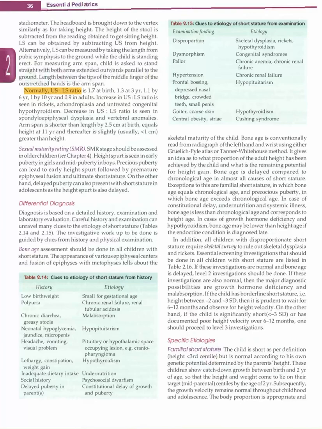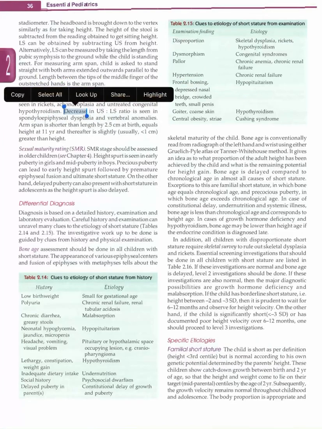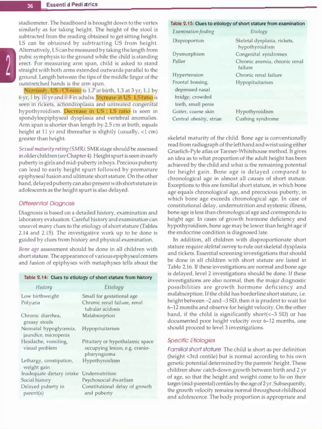Increase in US:LS ratio is a pathological condition seen in rickets, achondroplasia, and treated congenital hypothyroidism. Decrease in US:LS ratio is seen in spondyloepiphyseal dysplasia and vertebral anomaly. Arm span is shorter than length by 2.5 centimeter.